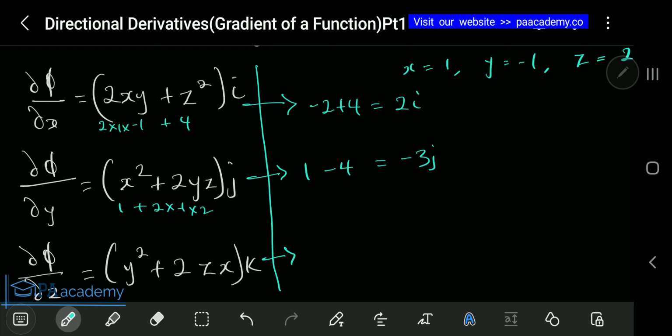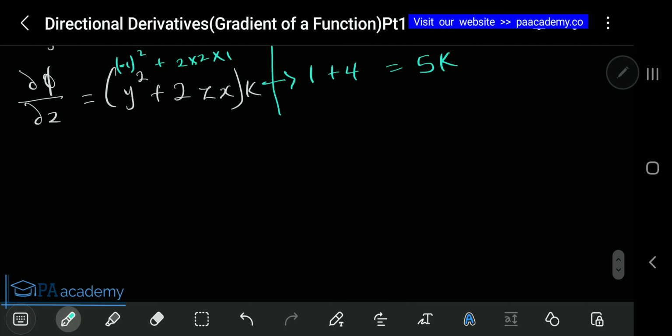3j. For that of z, we are having y squared, which is minus 1 squared, plus 2 times our z, which is 2, and our x, which is 1. So this will give us 1 plus 2 times 2, which is 4. That will give us 5k.